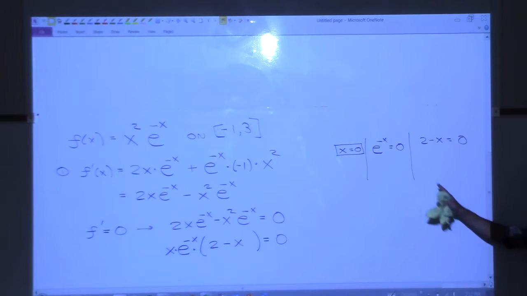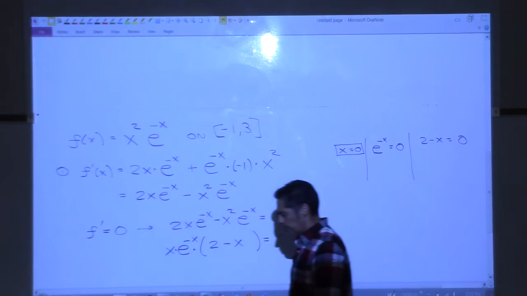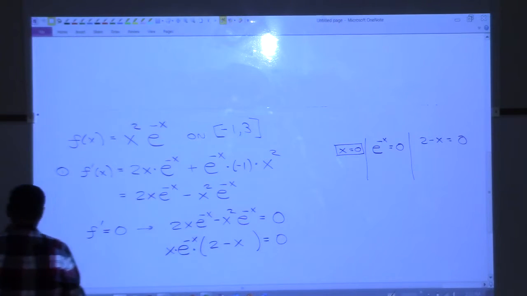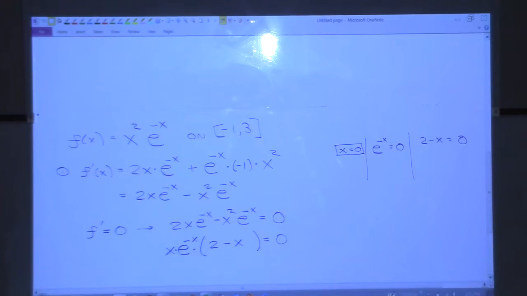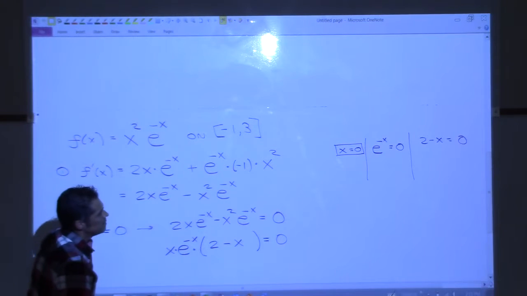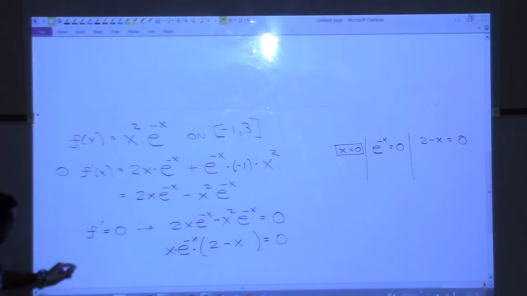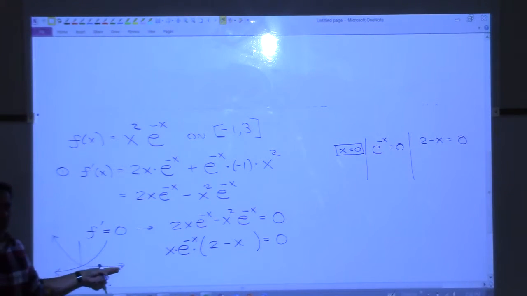How about e to the negative x equals 0? You could do natural log to get your x, but think about the graph of that function. This is e to the x, right? E to the negative x is this, right? So is e to the negative x ever 0?